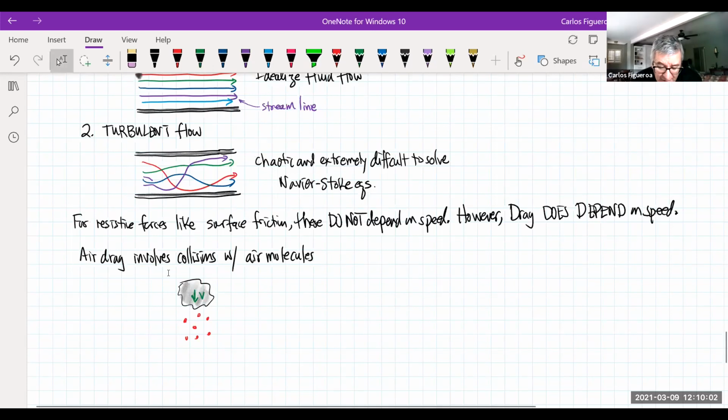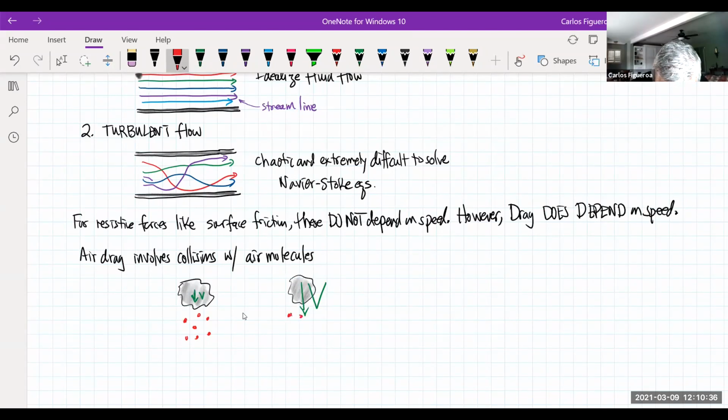But what if I had this scenario though, right? Let me see if I can copy this. So let's say that I have this scenario here. This thing is now moving at a much higher speed.